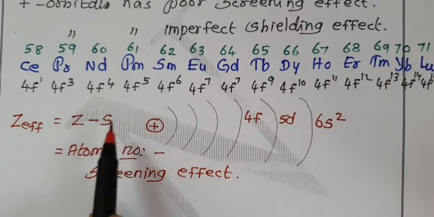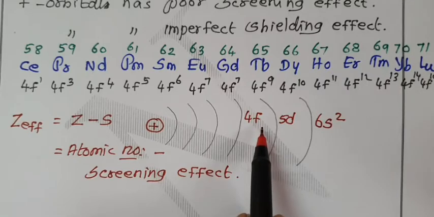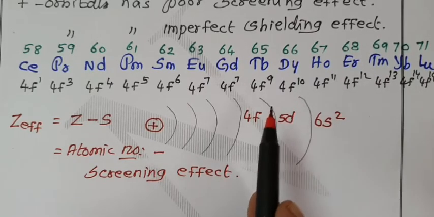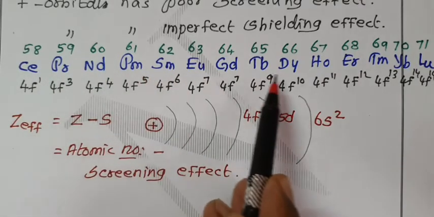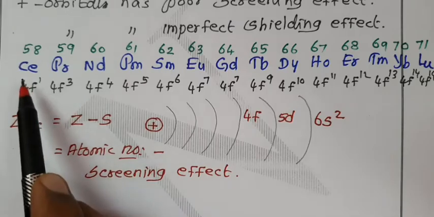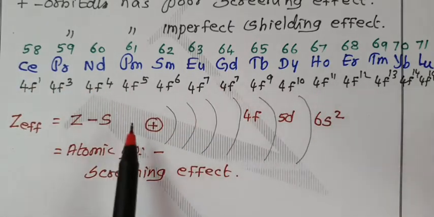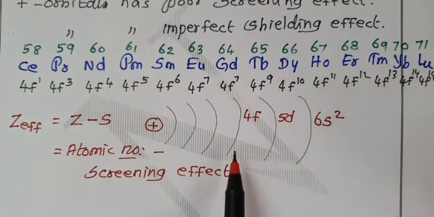The effective nuclear charge experienced by the 4f electron increases and the size of the lanthanide ion decreases. Correct? When we move from cerium to lutetium, the ionic size or atomic size goes on decreasing.